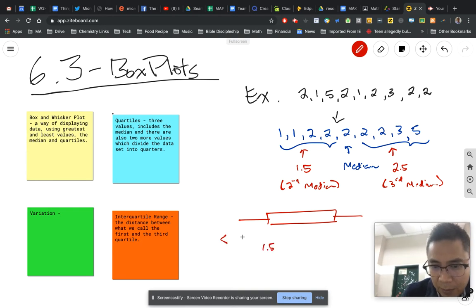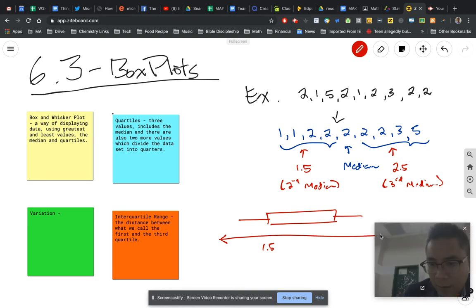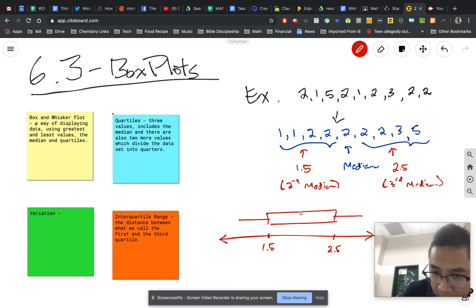If I drew a number line like this on the bottom, the edges of the box would be at the second and the third median, so 1.5 and 2.5. In the middle of the box is whatever the median was, and in this case, it was 2. It's not perfect, but that would be the middle of the box.